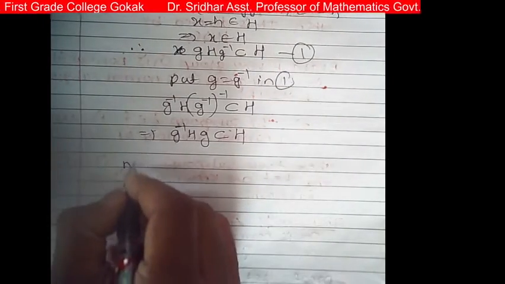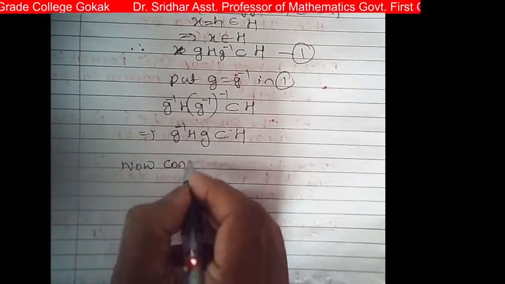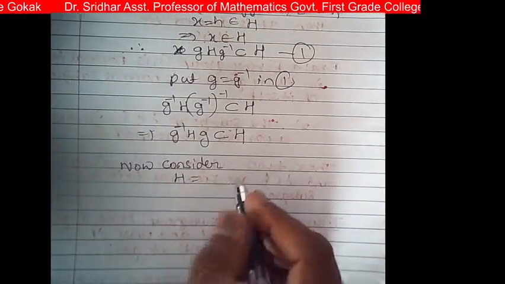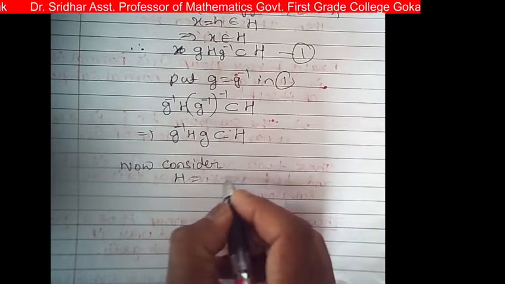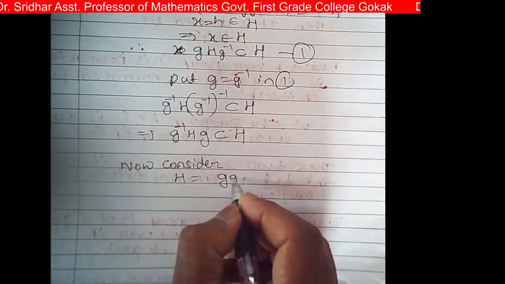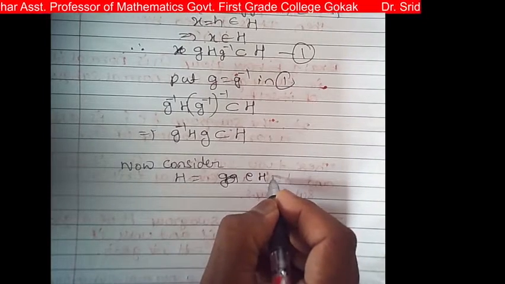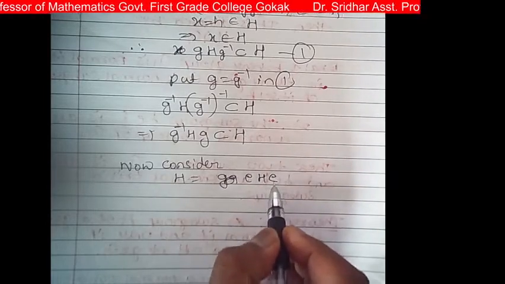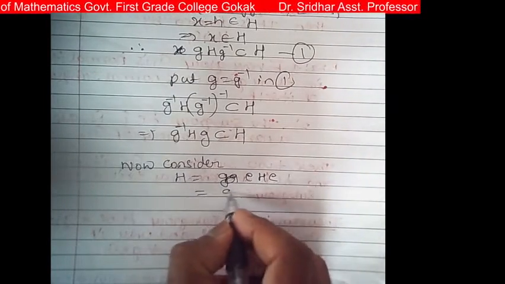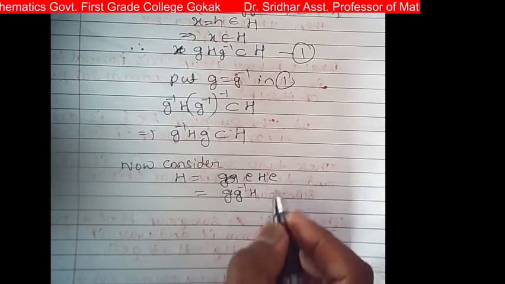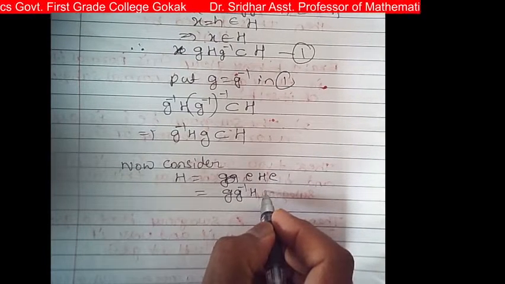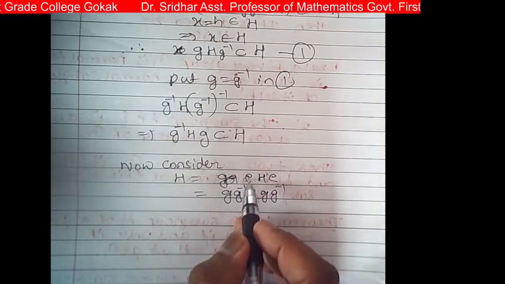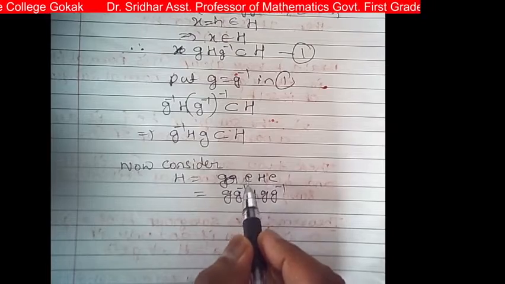So now consider H. H can be written as eHe, where e is nothing but g inverse, because it is an identity element, by the inverse property.